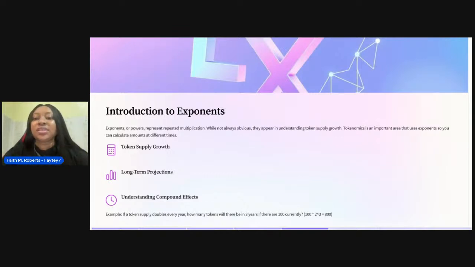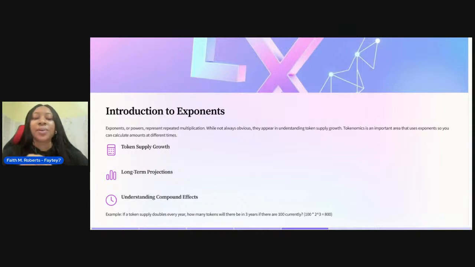It's using this power of, raised to the power of, or the square root kind of way of adding to a number or subtracting from a number. It is not just a straight addition or subtraction. It is like a multiple of additions and a multiple of subtractions, stuff like that.